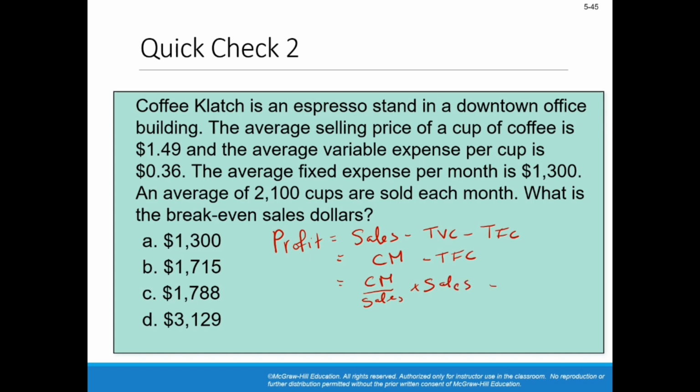Sales over sales is 1. And this is equal to CM ratio multiplied by sales minus total fixed cost. So rearrange this to get a profit of 0. They are asking for break even. So sales to break even is equal to total fixed cost divided by CM ratio.